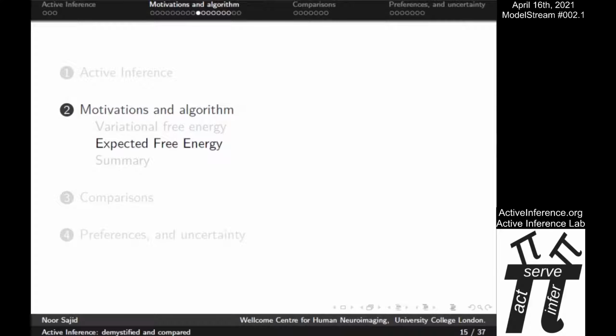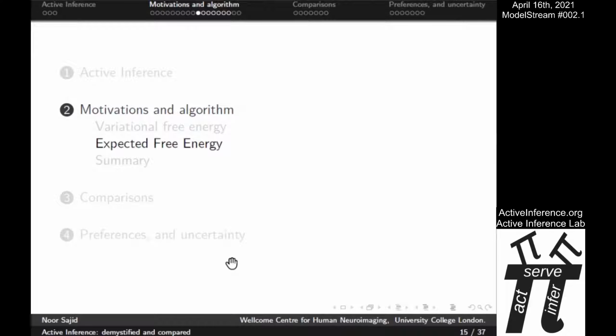To motivate this further, not only do we want to minimize our variational free energy, we also want to minimize a quantity called expected free energy, which depends on anticipated observations about the future. The minimization of this term allows the agent to influence the future by taking particular actions in the present, which are selected from a set of policies.